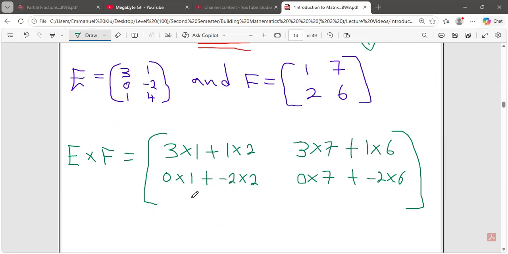Then the last row: 1 times 1 plus 4 times 2. Then when we come to the far side, this 1 is going to multiply the 7, and this 4 will also come and multiply the 6.